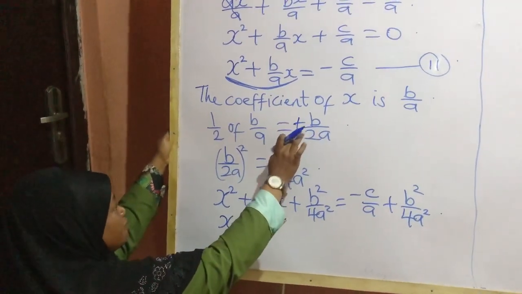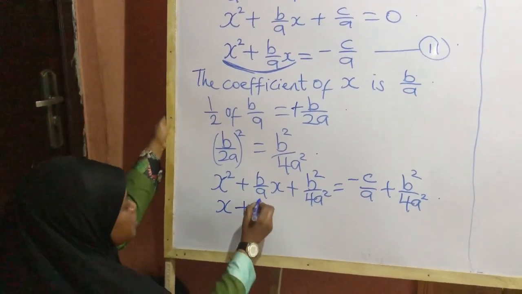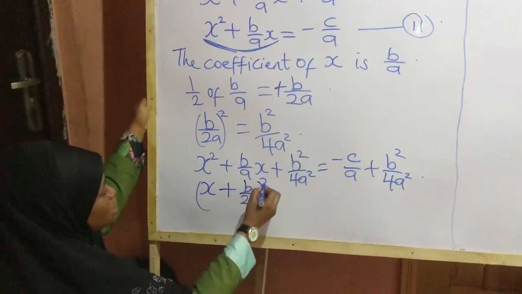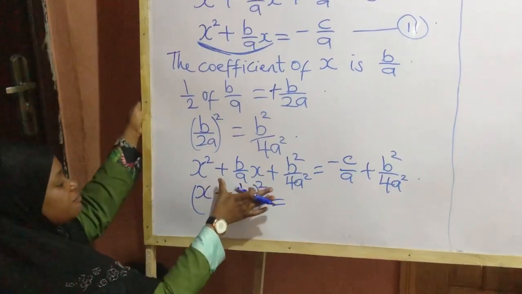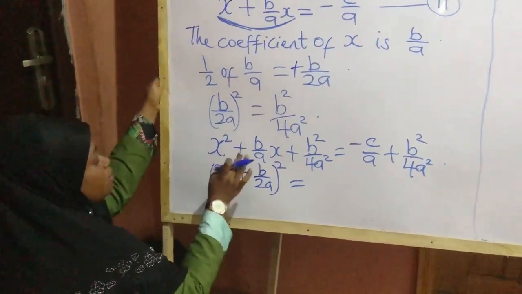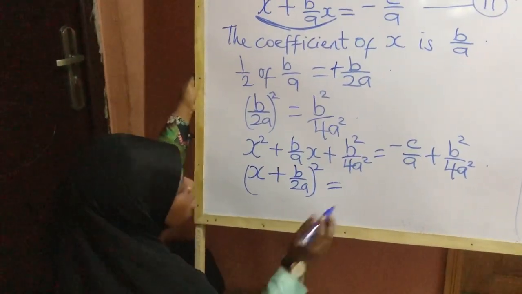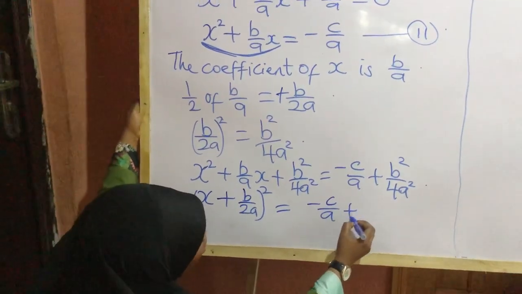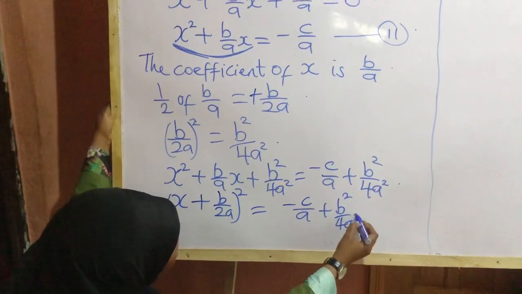Because we have plus, that is why we are using plus. So plus b over 2a, then you bracket it, you put square, is equal to. So if you expand this one, it must give you back this expression: x squared plus b over a x plus b squared over 4a squared is equal to minus c over a plus b squared over 4a squared.